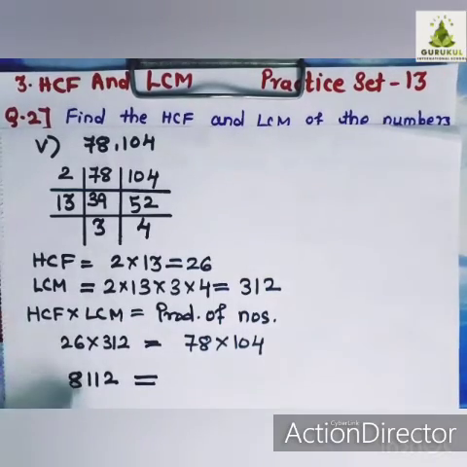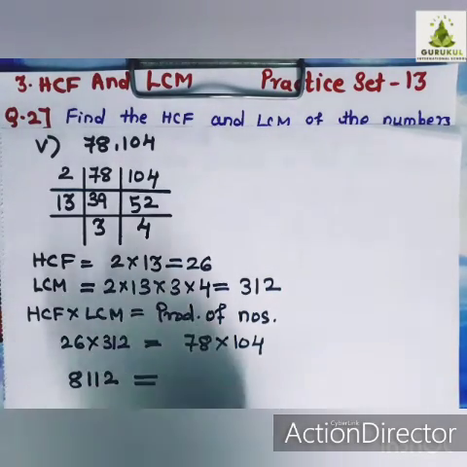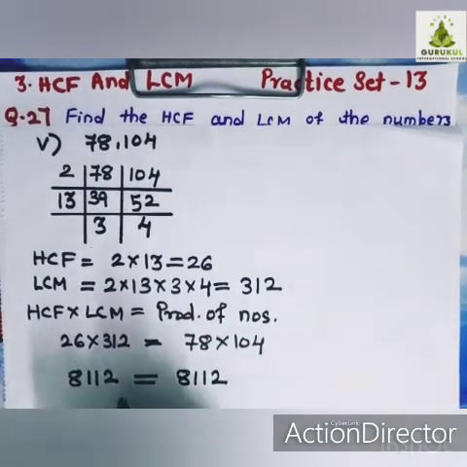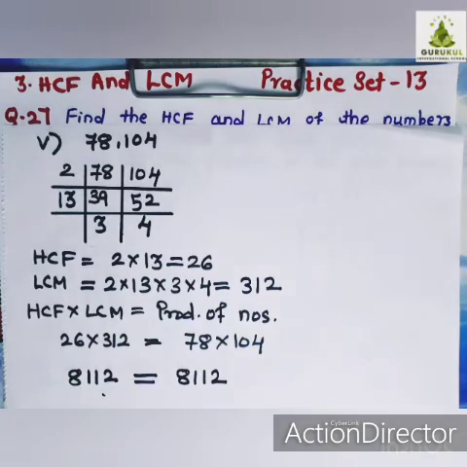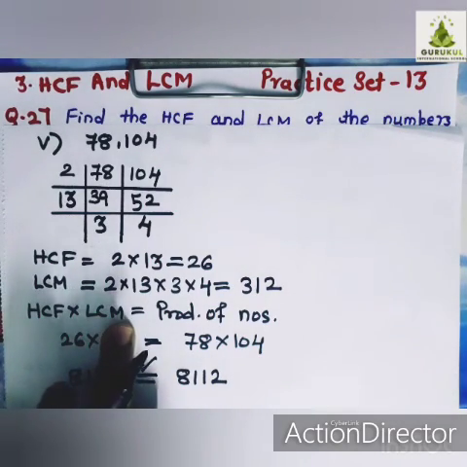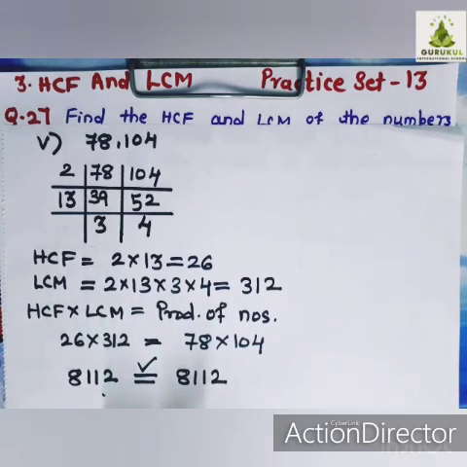And 78 into 104 also will be 8112. So you can see both the sides are equal. So I will put a tick mark here. That means the product of HCF and LCM is equal to the product of the two numbers. This property is verified. Okay, so here we are ending practice set 13.